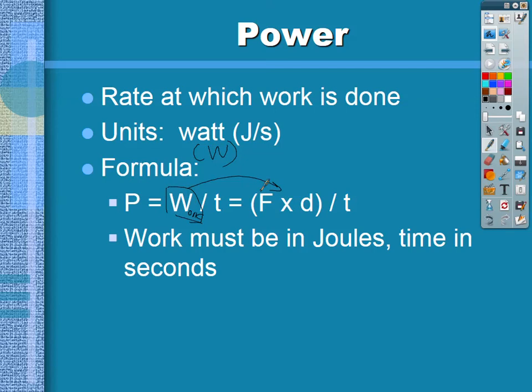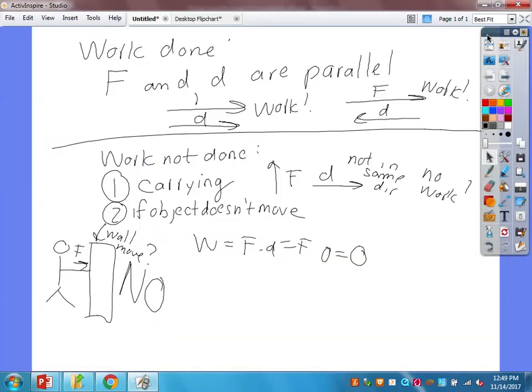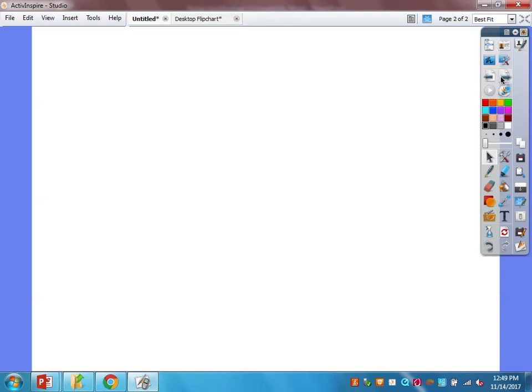Basically, the last example might be something like this with power. With power, you really only need to know how to calculate it, and maybe interpret who has more power. So if I do a quick problem with this, what if I have 2 people going up a large hill, and this hill has a specific height?